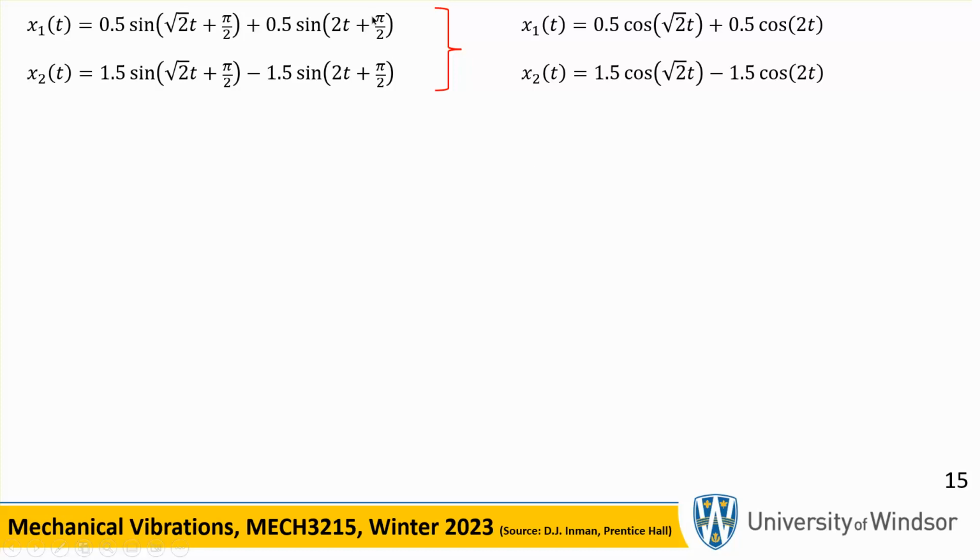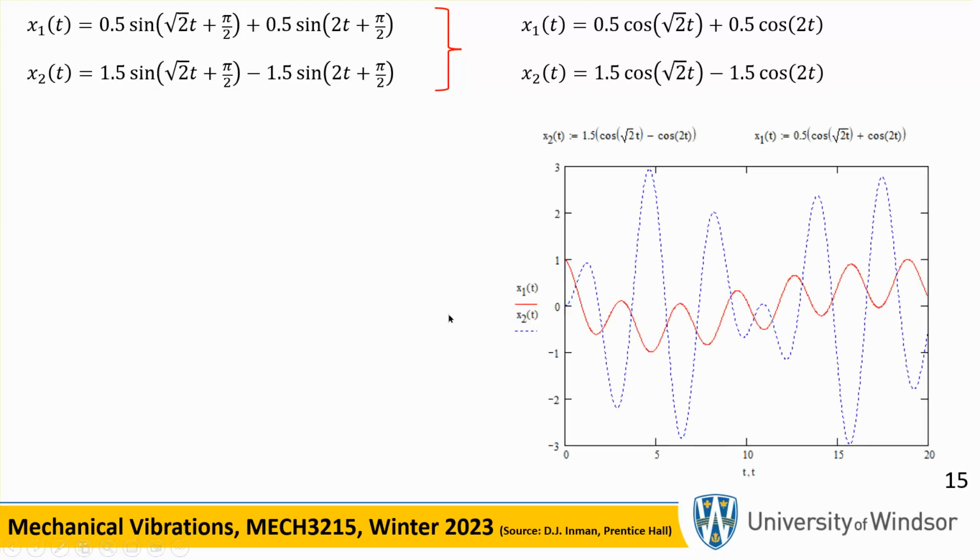Now notice that we have something plus pi over 2, so Inman decided to write these things, get rid of the phase, and write it in terms of cosine: this sine becomes cosine, this sine becomes cosine, etc. And we have plotted it. The red one is the motion of mass 1 as a function of time, and the blue one is the motion of mass 2 as a function of time.